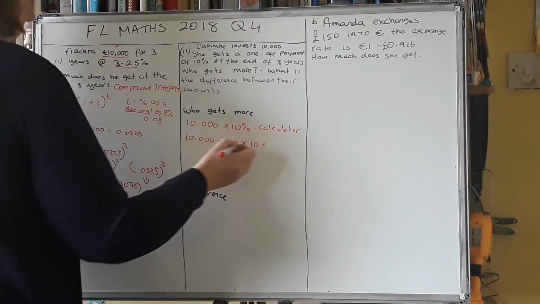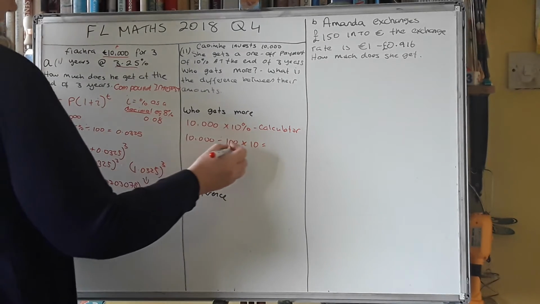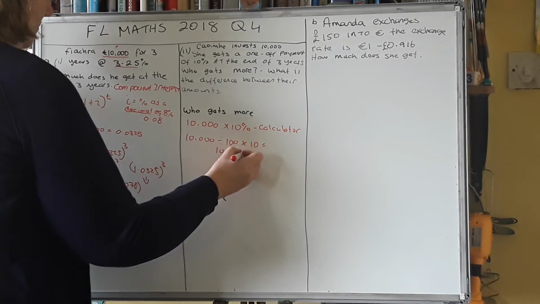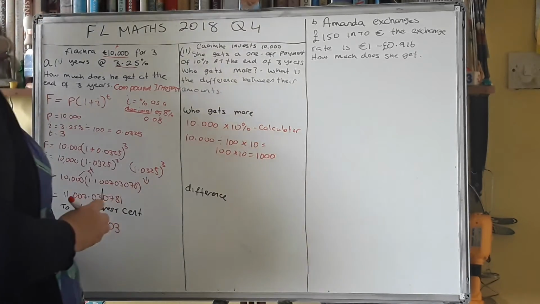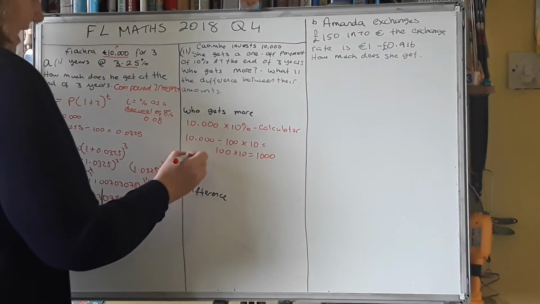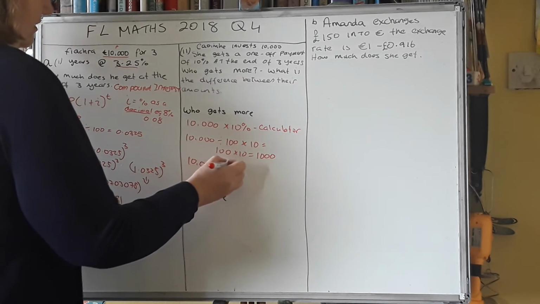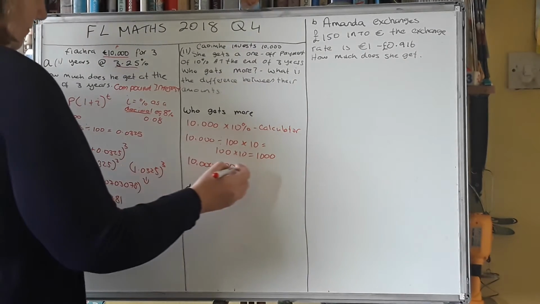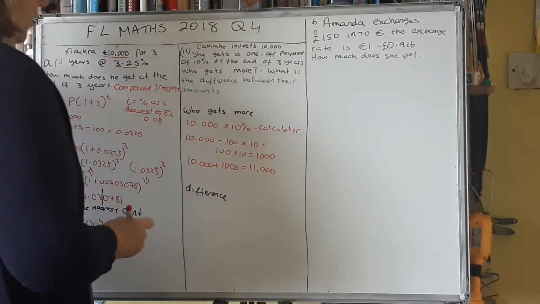When you do 10,000 divided by 100, you get 100. And when you multiply that by 10, you get 1,000. So she gets 1,000 added on. So at the end, she'll have 10,000 plus her 1,000, so she will have 11,000 on the nose.